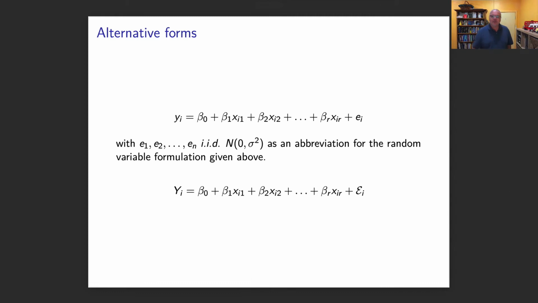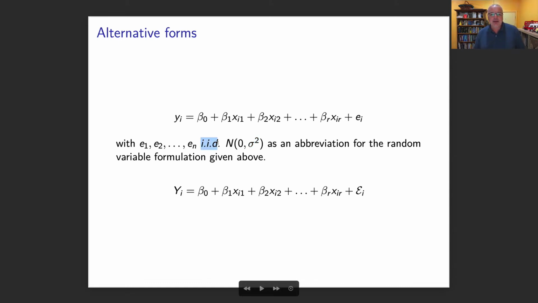Alternative forms: we could add some extra structure on this ei, which is the most common one you've seen. Instead of them just having a mean of 0 and a variance sigma squared, we name their distribution. They're normally distributed with a mean of 0 and a variance of sigma squared. They have homoskedasticity, or constant variance. They all have the same sigma.